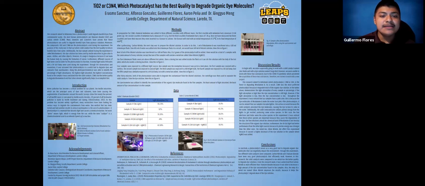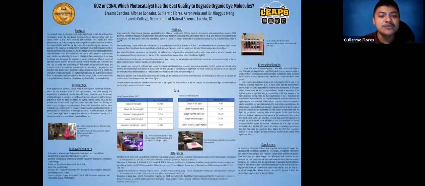The next step is to add 50 milliliters of our diluted solution to a new Erlenmeyer flask. Also, 0.52 grams of our photocatalyst was added. There will be a total of 5 samples with the same amount of every solution, except that one of the samples will contain a metal ion called nitrate.